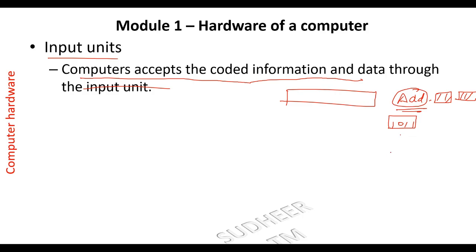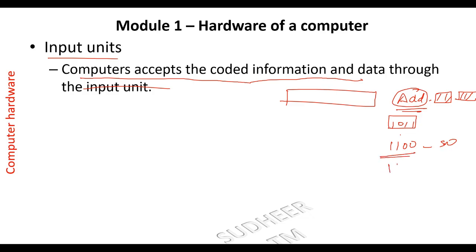So instead of writing add, we implement add with some sequence of ones and zeros. That is coded. If it is for subtraction, just for understanding, that sequence will be 1100.